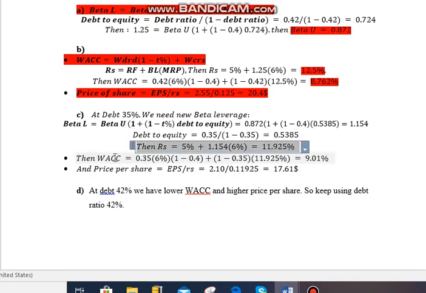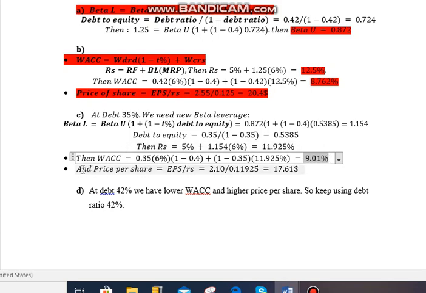Then the weighted average cost of capital equals the weight of debt, 35%, multiplied by 6%, the cost of debt, multiplied by 1 minus the tax rate, plus 1 minus the weight of debt, which is the weight of equity, multiplied by the calculated cost of equity. So it's equal to 9.01%.